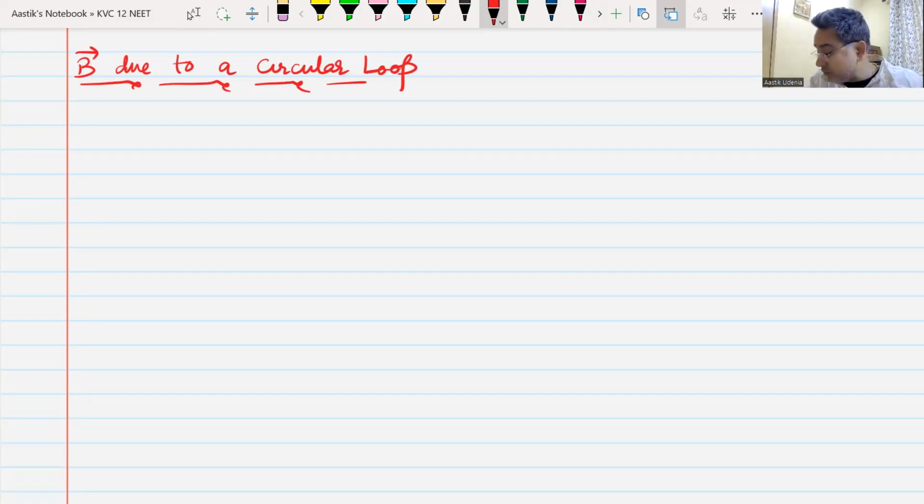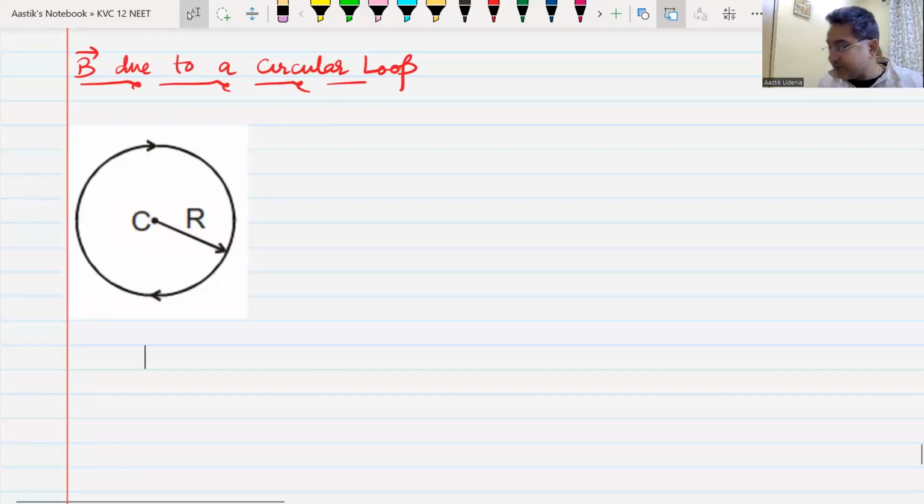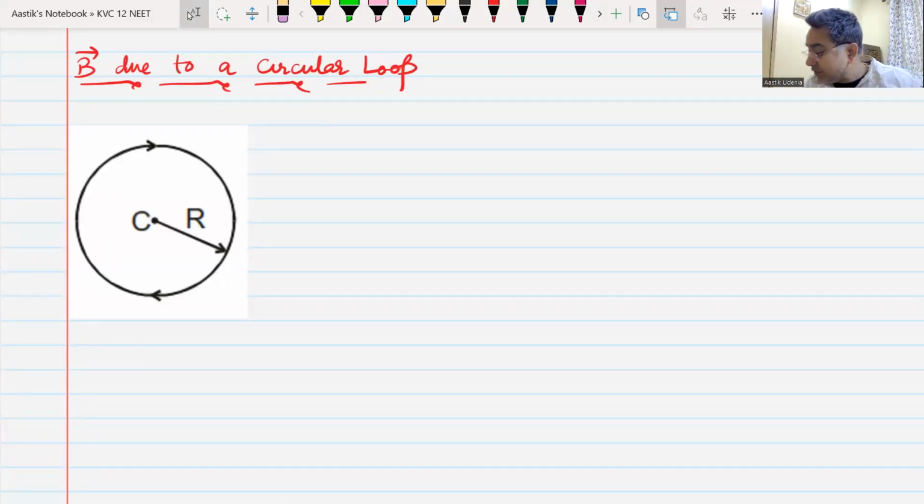The radius of this loop is R. The center is C, and you have a current I moving in this loop, and you have to find out the magnetic field at the point C, which is the center of the loop.